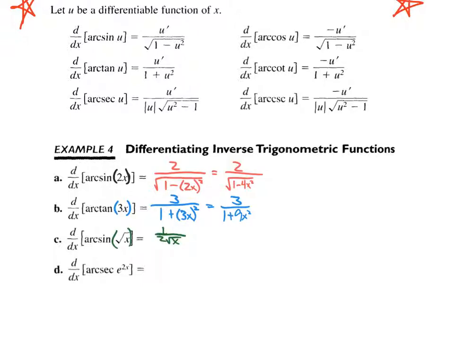So that is over the square root of 1 minus radical x squared, which is just going to be an x. Okay? So now here, simplifying this, if I have a fraction that's then divided by something else, I can now write this as 1 over 2 root x radical 1 minus x.